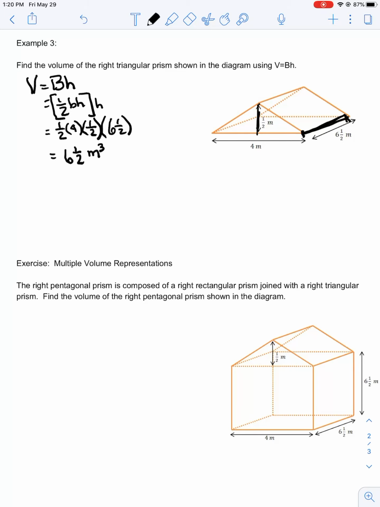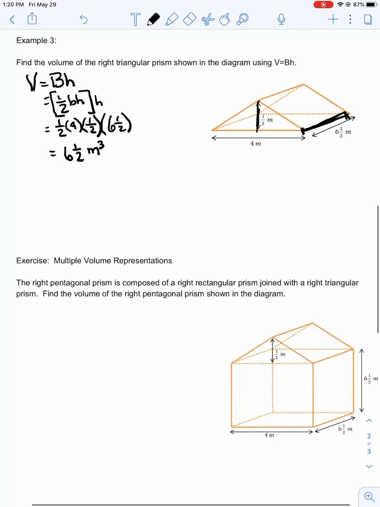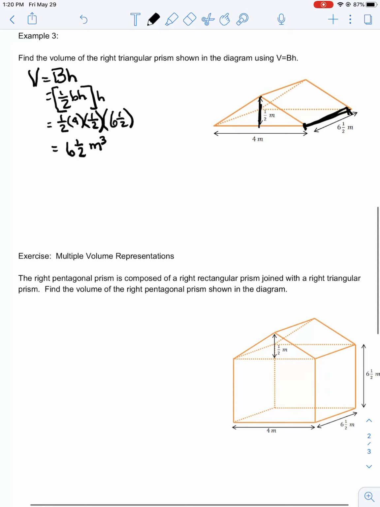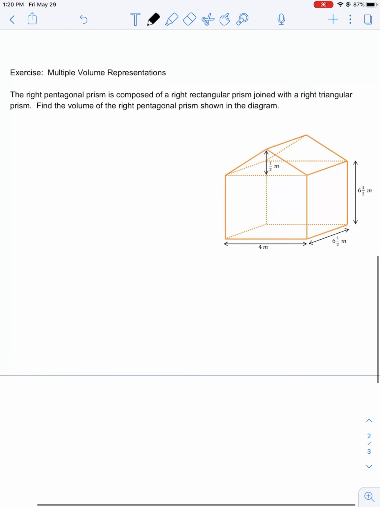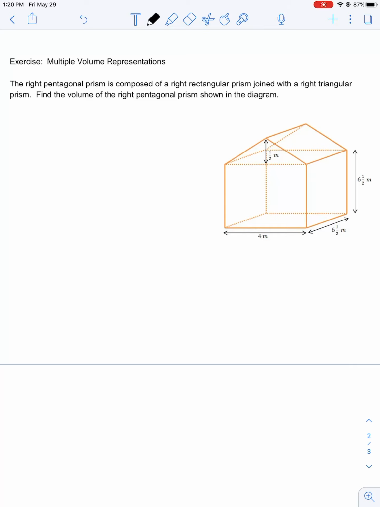Now our next one is a combination of things that we have, and it's a multiple volume representation. When we have that, we are adding things together. We have a right pentagonal prism composed of a right rectangular prism joined by a right triangular prism. And it says find the volume of it.